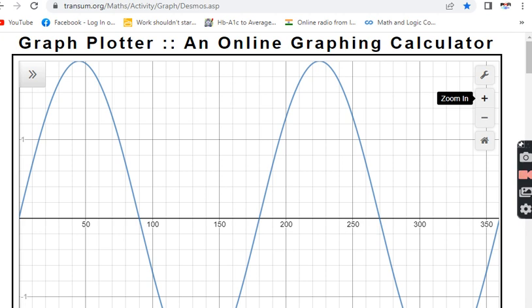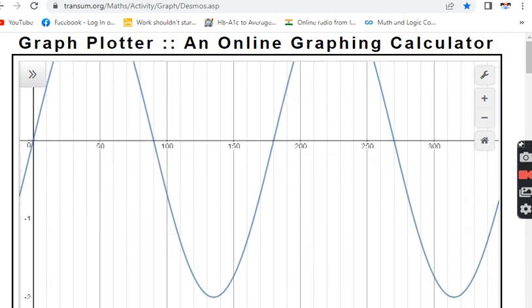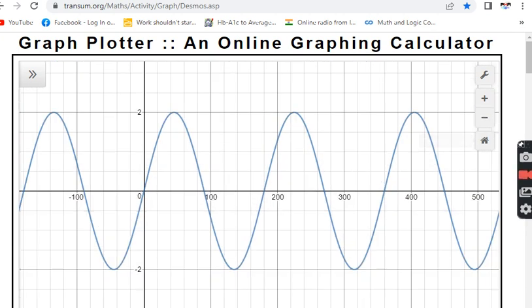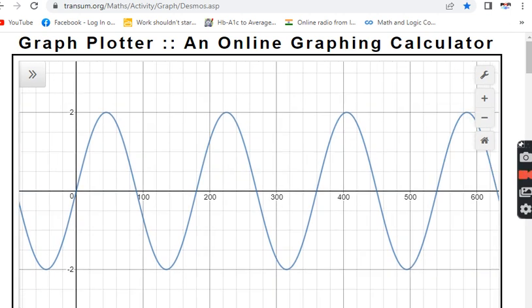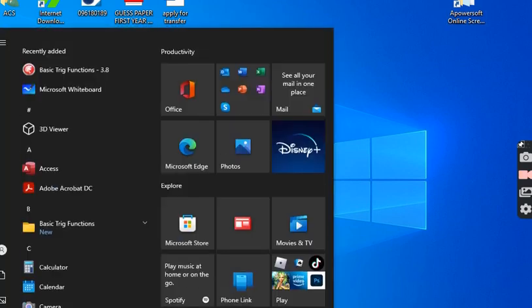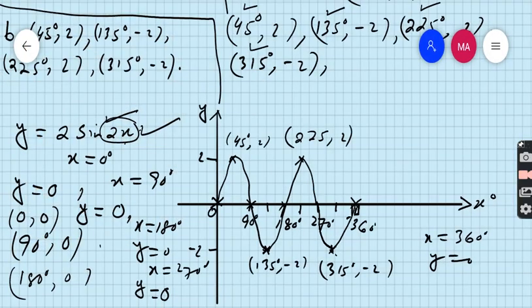See this, it's just like the same graph which I have drawn. Look at this. This is 0, then 45, then 90, and so on. So this is just like the same graph which I have drawn. I hope you completely understand part B of question number 1.